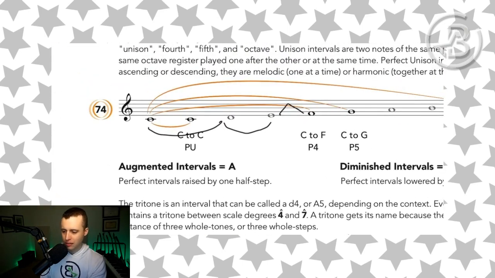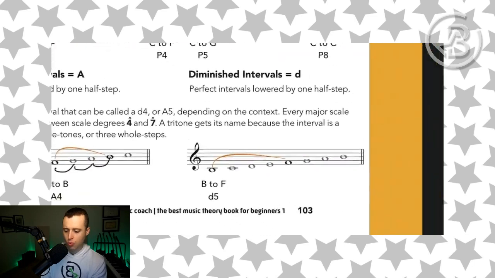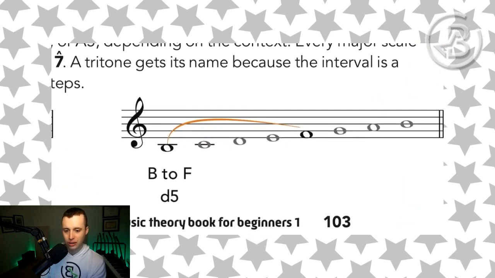Now let's go back to the major scale. In the major scale, when we go from C to G, we go whole, whole, half, whole. So we have 3 whole steps and 1 half step. When we look at, for example, B to F, we have whole, whole, whole.